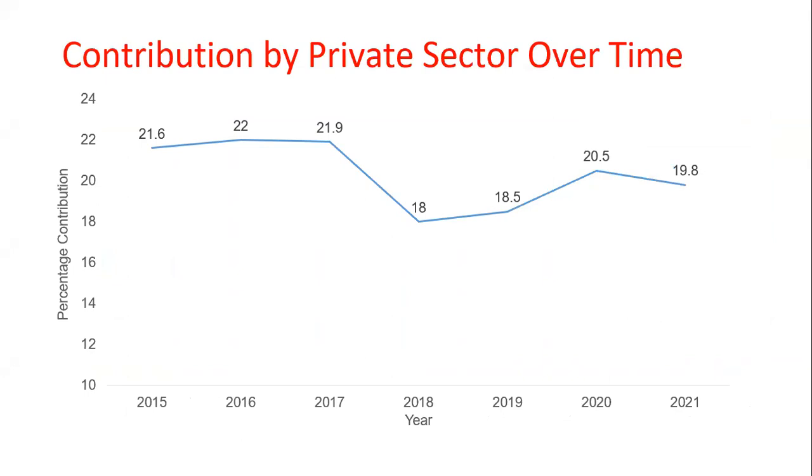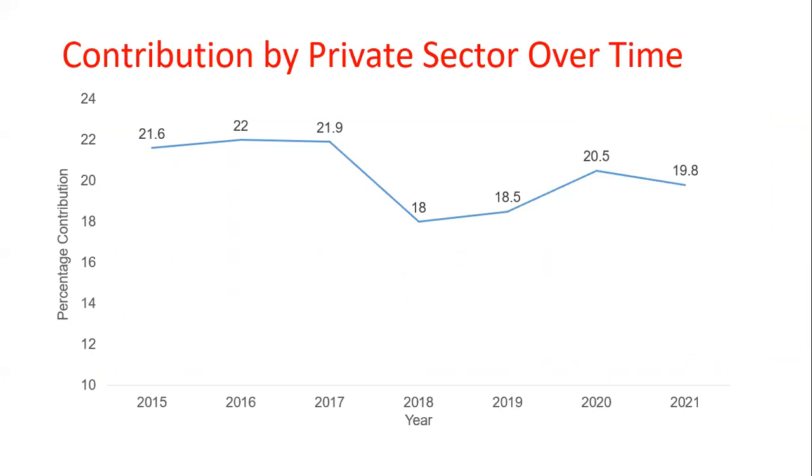So contribution by the private sector over time, from 2015 to date, has been oscillating between 18 and 21%. In 2021, we posted about 20%, and the target is a changing target.